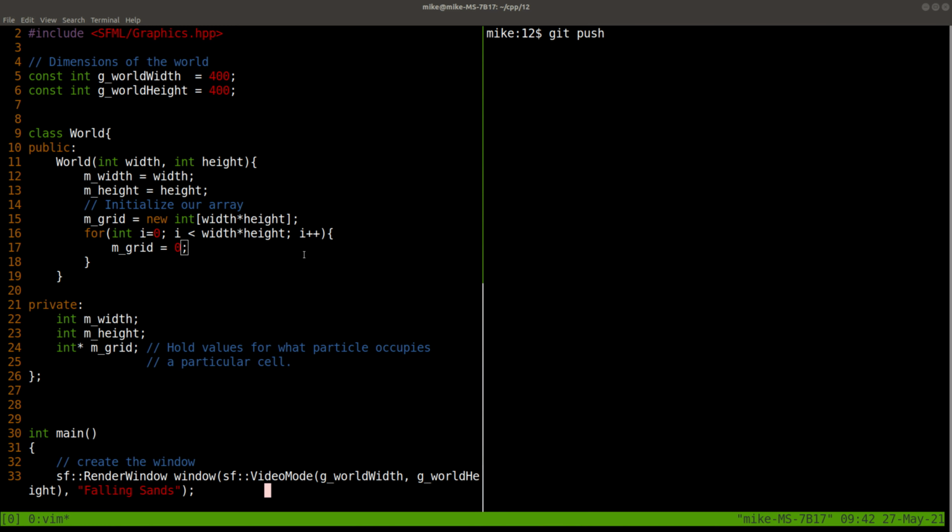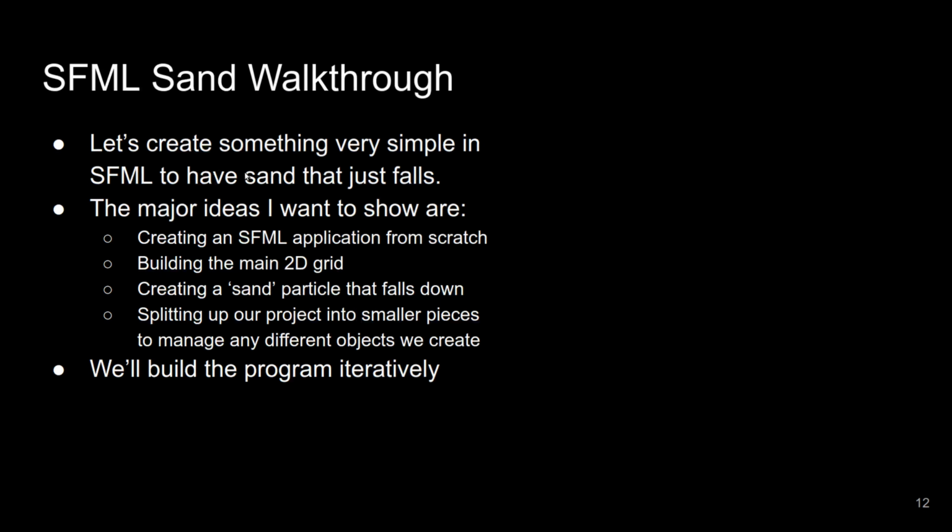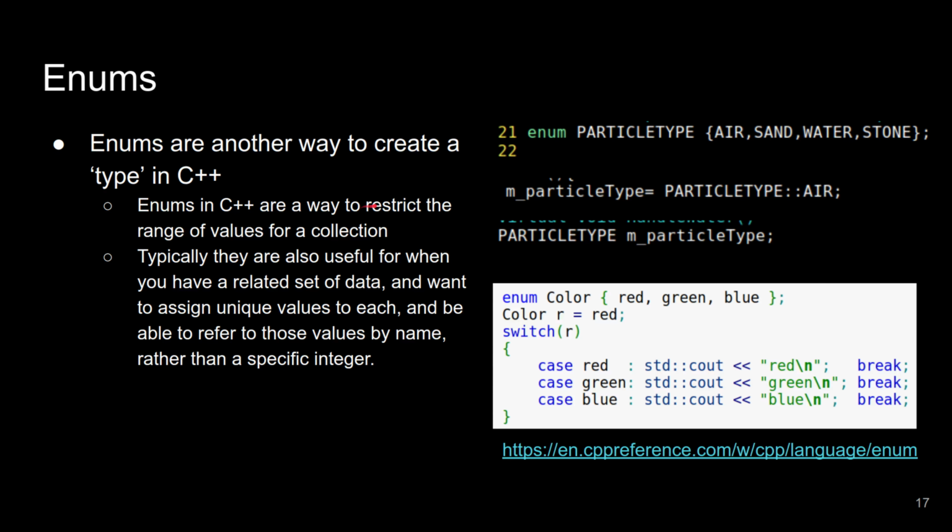So let me go ahead and jump back into our slideshow, and I want to show you a little C++ trick here. And C++ has available something called an enum. You may have used this in Java, and it's available in other languages, but it's this idea that you can have a set of related data, and it's probably easiest to look at this example at the bottom, but you have a set of related data like colors, and you want to create a new type for that color, and just say red, green, blue.